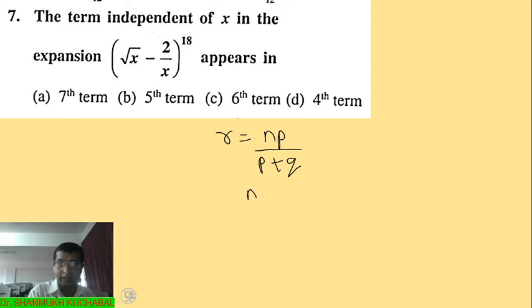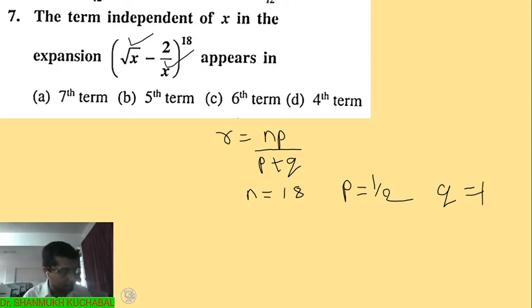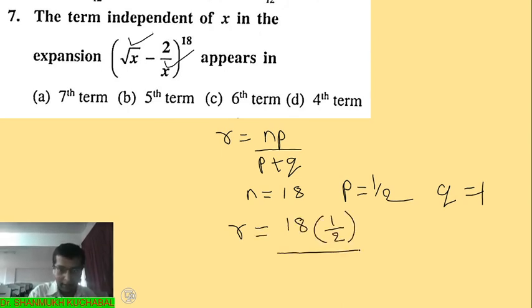So here n equal to 18, p equal to 1 by 2, that is the x power, and q equal to 1, this x power. Then in the r formula we substitute 18 into 1 by 2 divided by 1 by 2 plus 1. If you simplify this, we get r equal to 18 divided by 3, so we get r equal to 6.